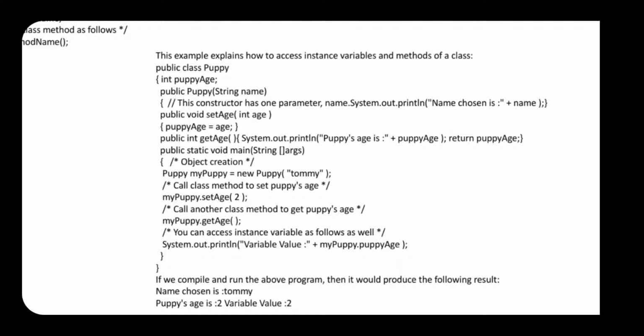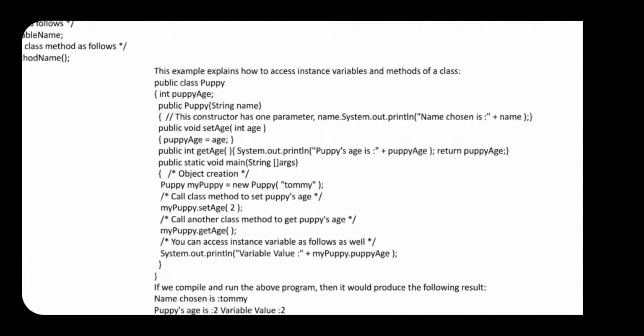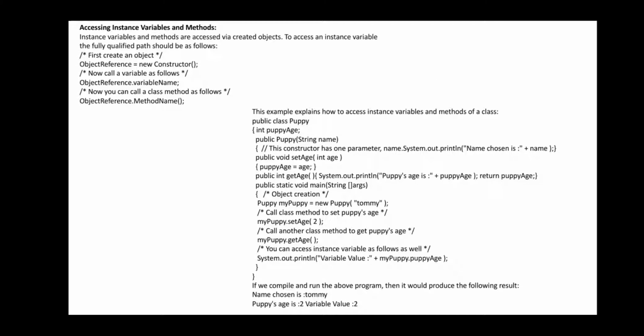Just see here: name chosen is Tommy and puppy's age is 2. Variable value means whatever information you send. So this is how accessing instance variables as well as instance methods works. Instance means don't consider it a different value or name; it is the object's information only.